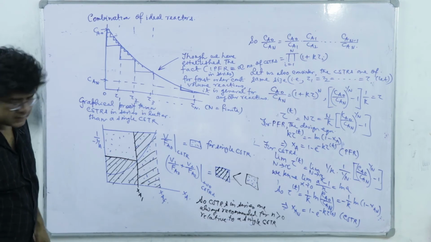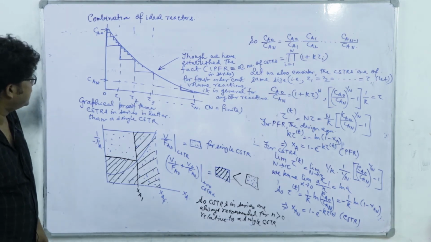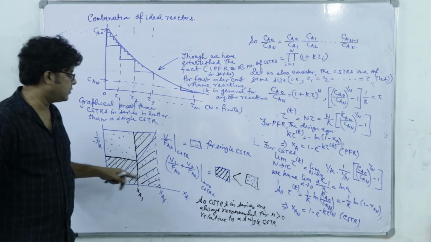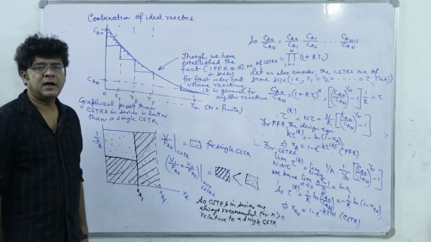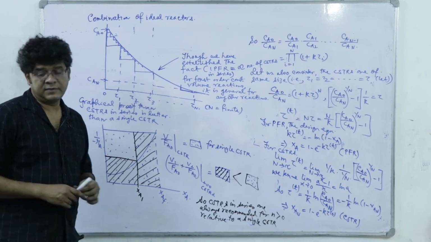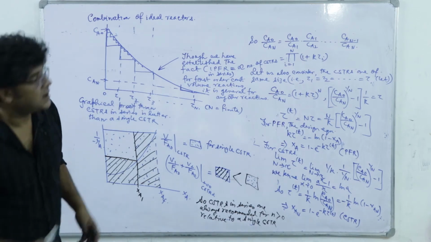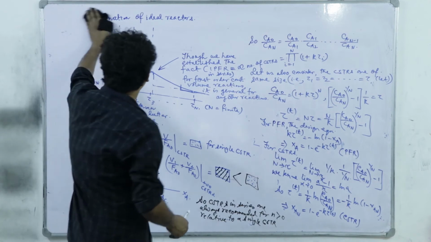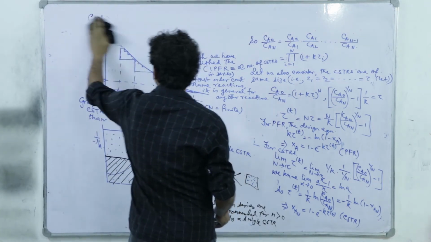Now next, it's obvious how to solve for this intermediate concentration XA1 if I am supplied with the volume of the CSTRs, like V1, V2, V3 are given, and we have to find out the intermediate concentration or conversion.